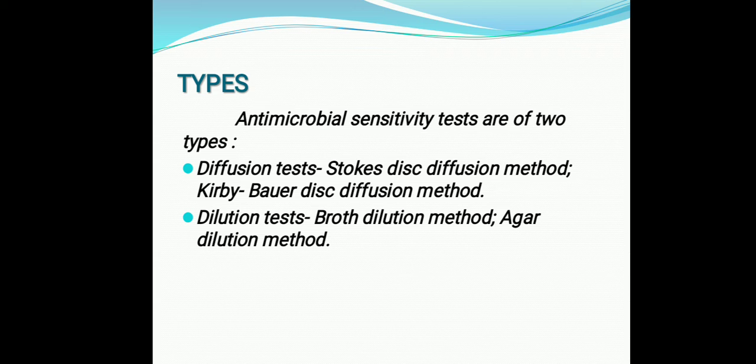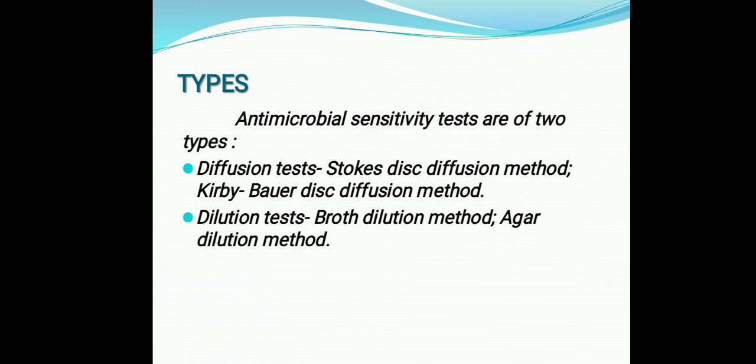Like I said earlier, we have different types of antimicrobial sensitivity testing. Here we have two different types, that include the diffusion test and the dilution test. Under the diffusion test, it is again divided into the Stokes diffusion method and the Kirby-Bauer disc diffusion method. These two methods come under the diffusion test. In the dilution test we have the broth dilution method and the agar dilution method.